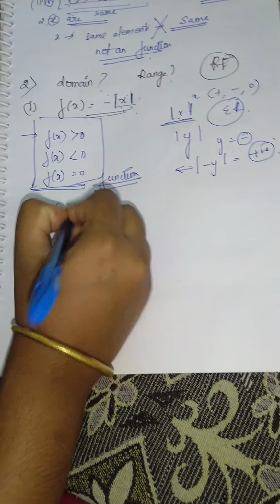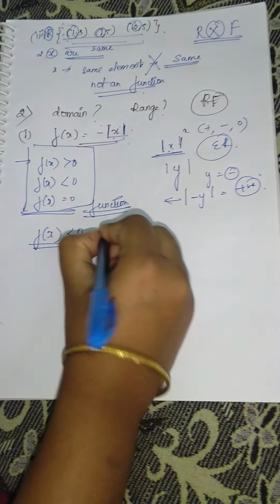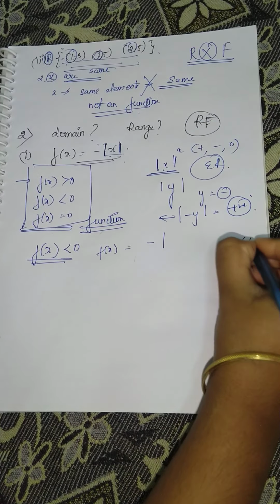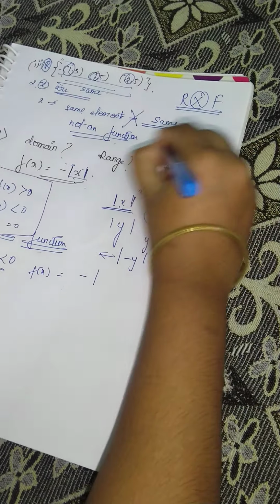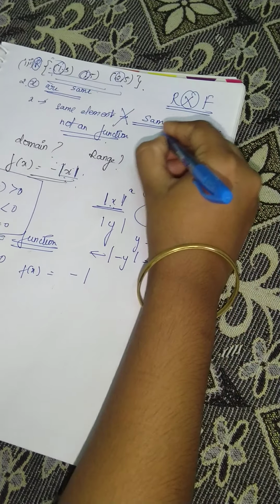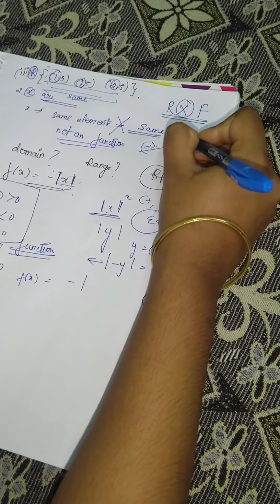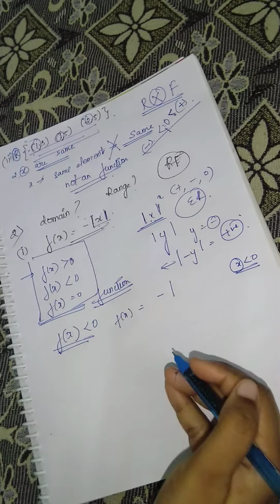First let us go with f of x less than 0. If x is less than 0, it should be a negative value, because this is a scale and this is going to be 0. Anything less than 0 will be negative, and anything greater than 0 will be positive.